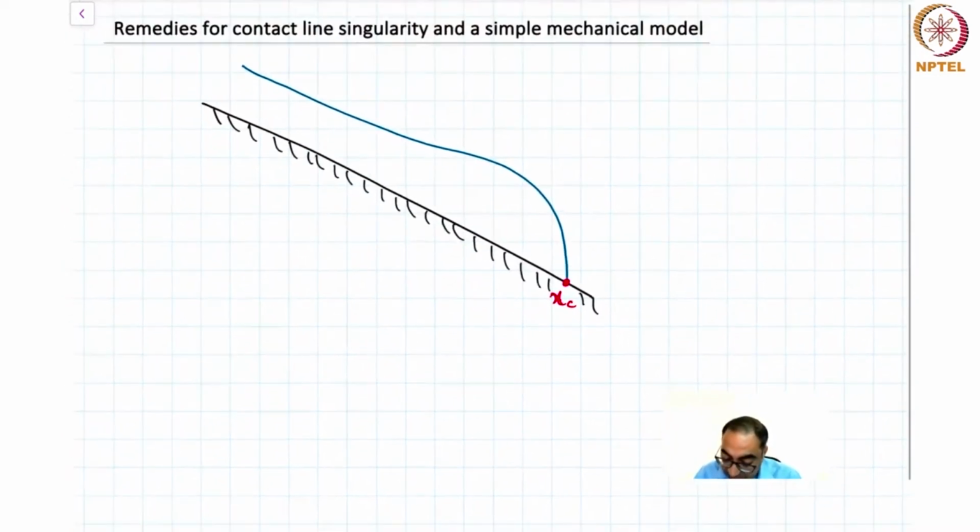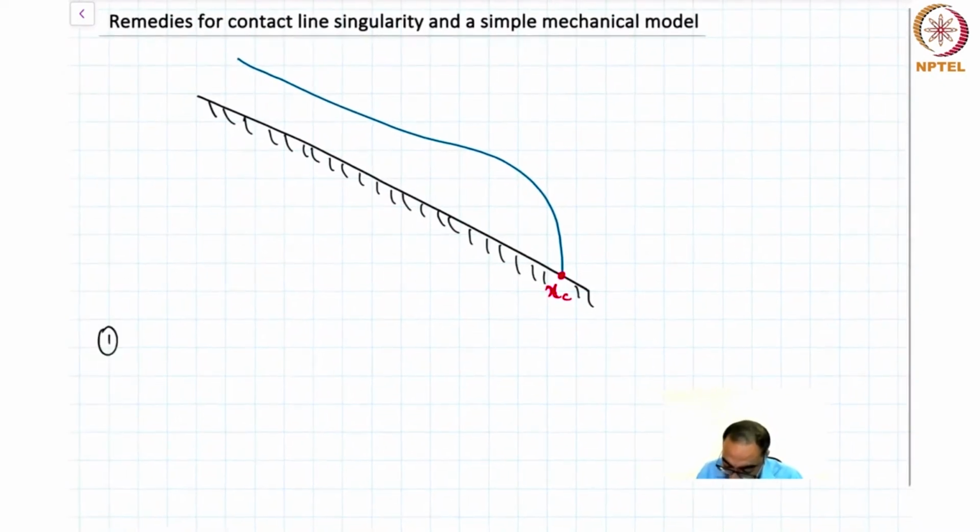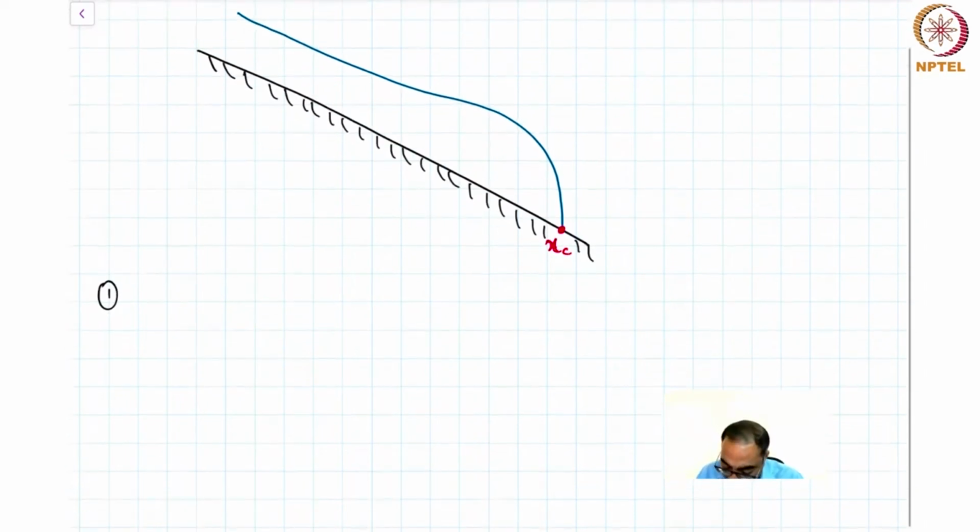So what are the ways in which people have tried to alleviate the singularity? The first kind of approach is to say that, well, if the presence of the contact line is the cause of the singularity, how about not having a contact line at all? And how do we do this?